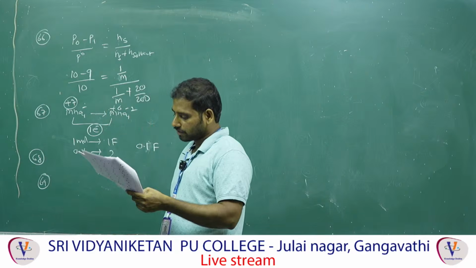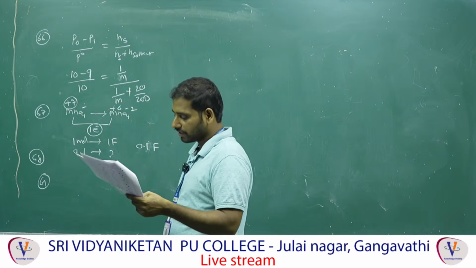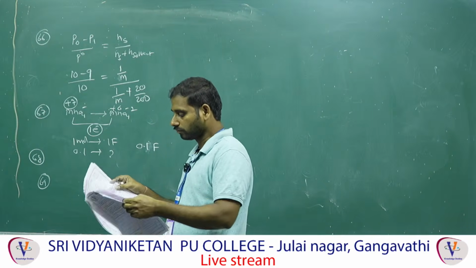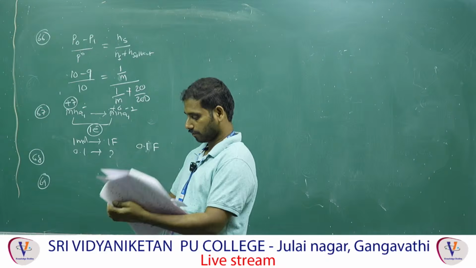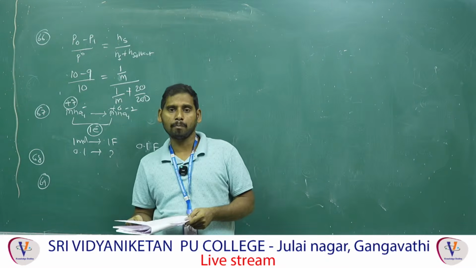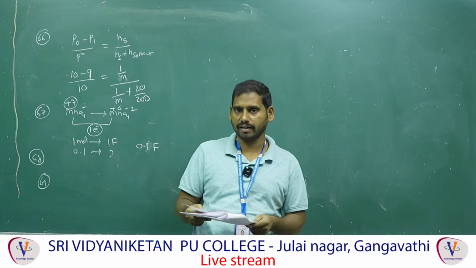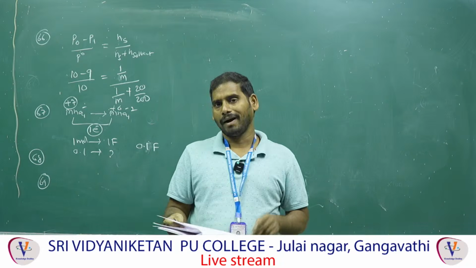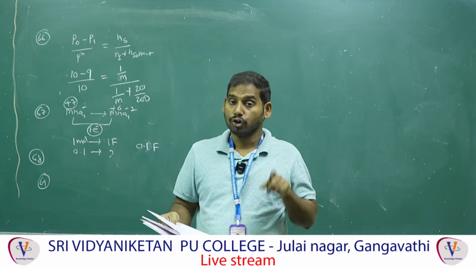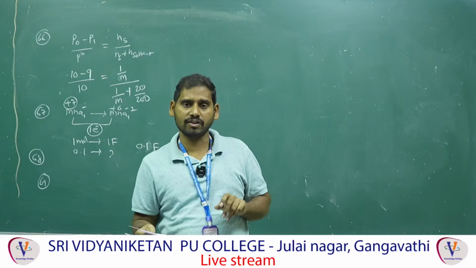They are asking for the set of correct statements. Order of a complex reaction is the molecularity of its slowest step. Observe here. Yes, order of a complex reaction. A complex reaction takes place in multiple steps, so one of the steps must be the slowest step. The slow step is called the rate determining step.